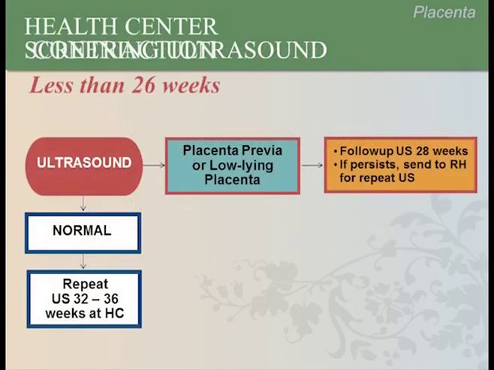When you are scanning a patient that is less than 26 weeks with a normally positioned placenta and normal ultrasound, encourage her to return to your health center, abbreviated here as HC, for a screening ultrasound at 32 to 36 weeks. What should you do if you identify a placenta previa or marginal or low-lying placenta?